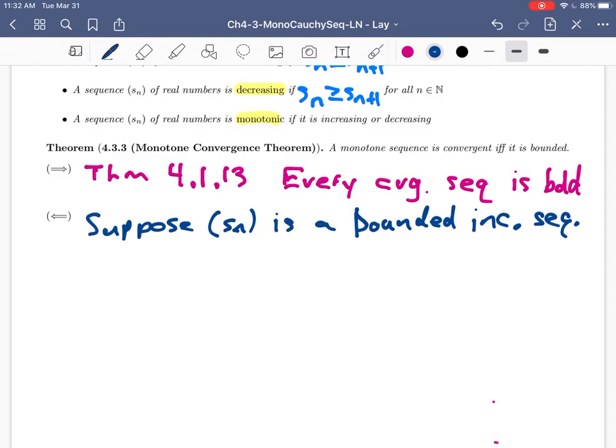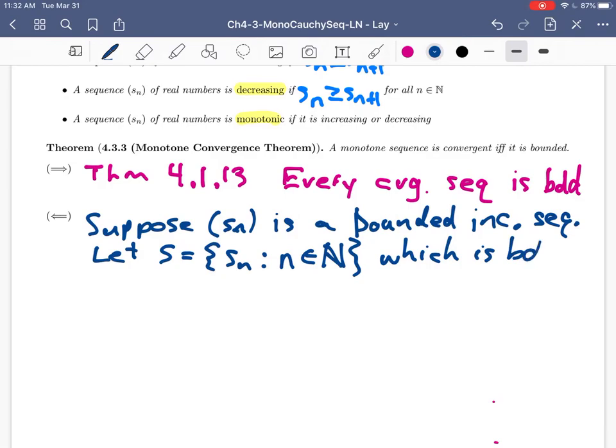So if we have a bounded increasing sequence, let S be equal to the set of these terms in the sequence. So this is bounded and non-empty.